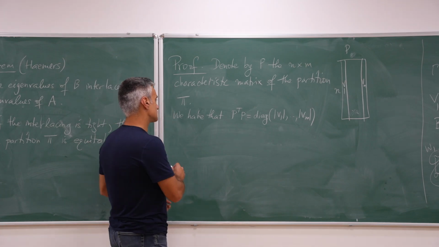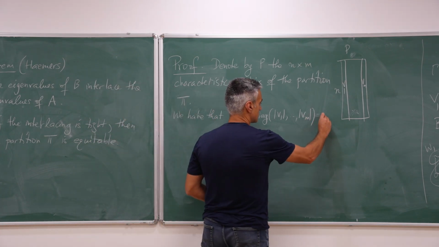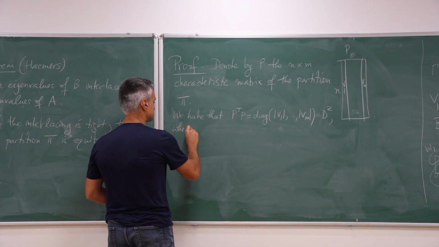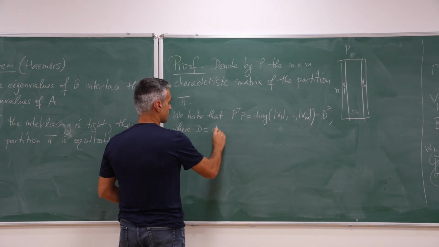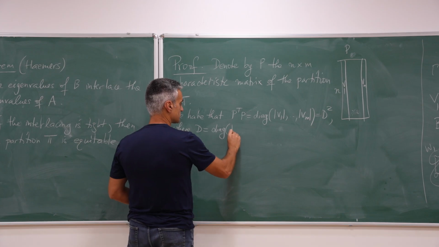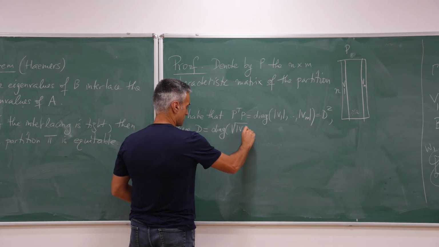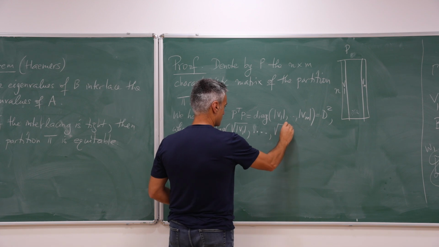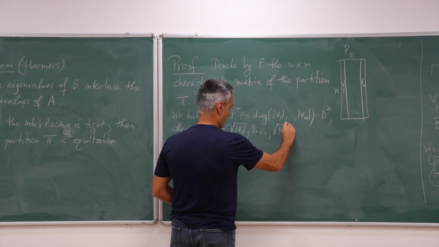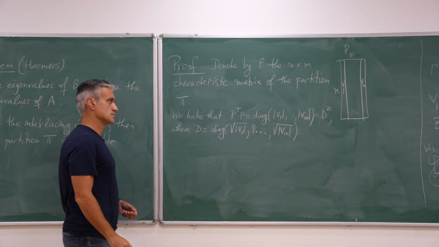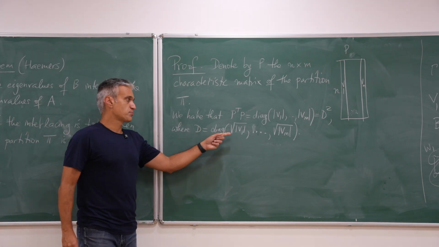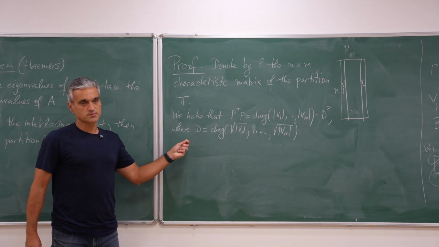And this will equal some matrix D squared, where D is the diagonal matrix with the square roots of the cardinalities: square root of cardinality of V1, ..., square root of cardinality of Vm. Now, because the parts are non-empty, this will be invertible.